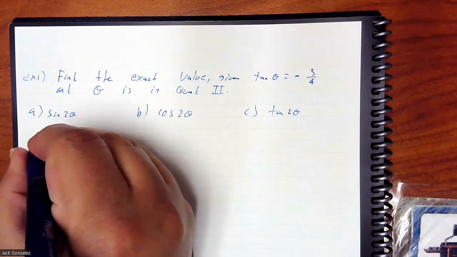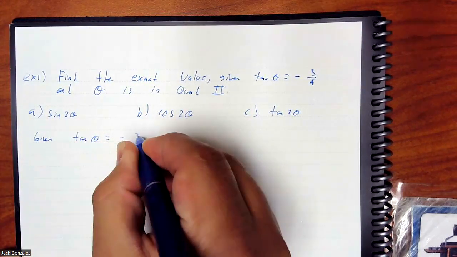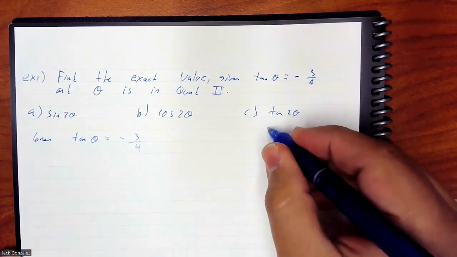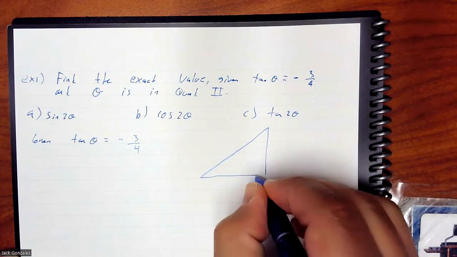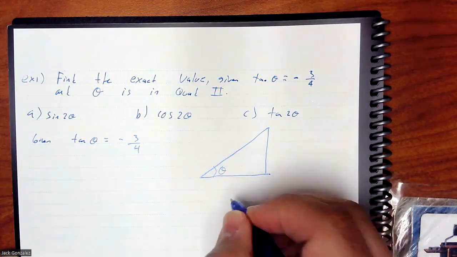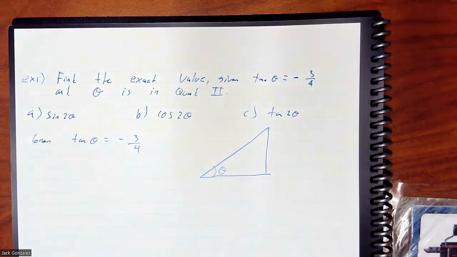So given tan theta equal to negative 3/4, we know that is opposite over adjacent, if we put theta here, right? Now, you can also think of it in terms of the x and y, or sine and cosine.